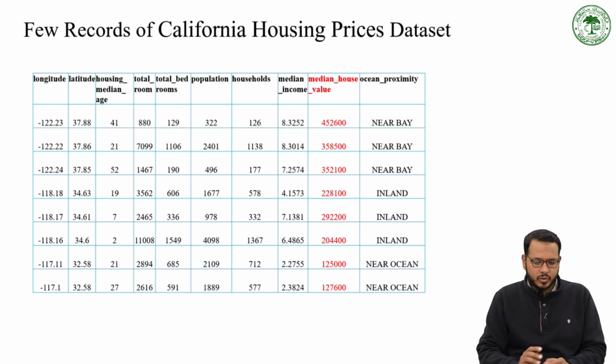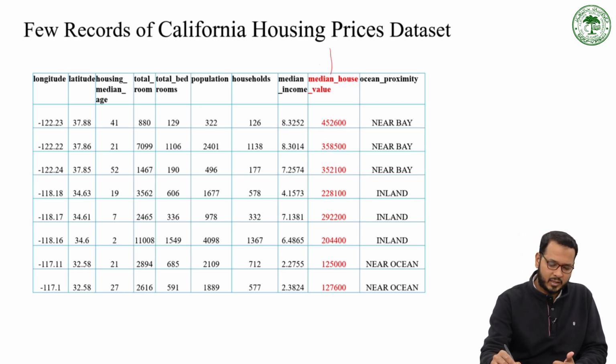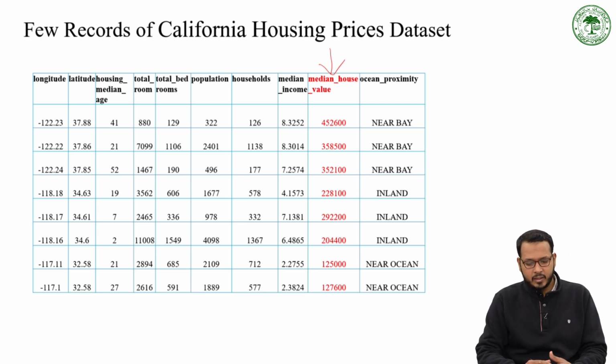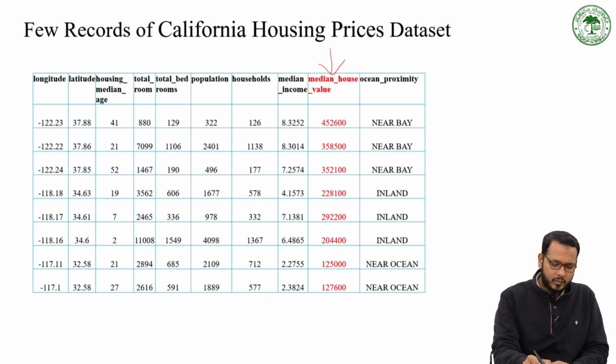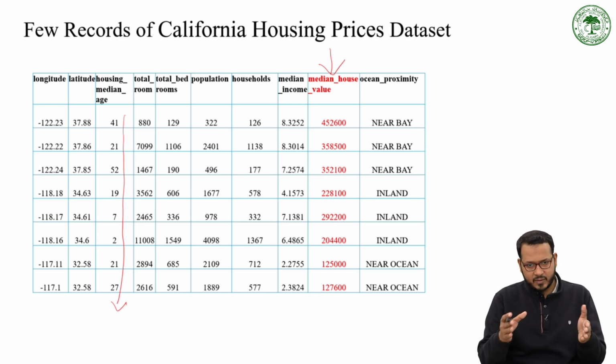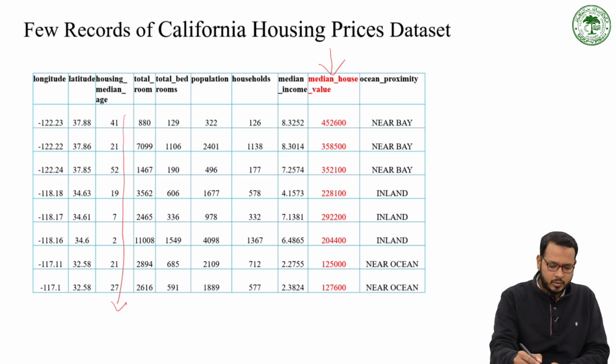So this is just a snapshot of California housing prices data set. We have all the 9 features here, the independent variables, and then this dependent variable, which has been shown here in red, is what we want to predict. As we'll see later on also, and you can derive from this snapshot also, that the values lie in different ranges. Some are very small, their range is rather small in comparison to the other values like total rooms.